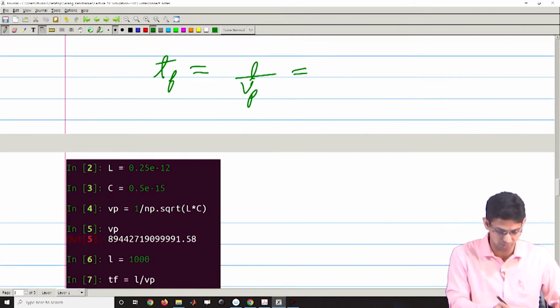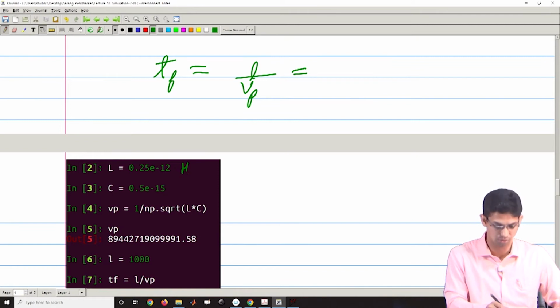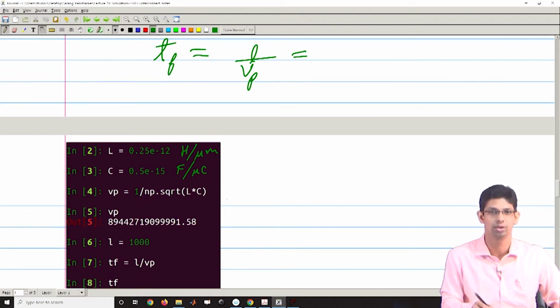Here your inductance is in the units of Henry. I have taken this micro in here, so Henry per micrometer. This is in the units of Farad per micrometer, inductance per unit length, capacitance per unit length.